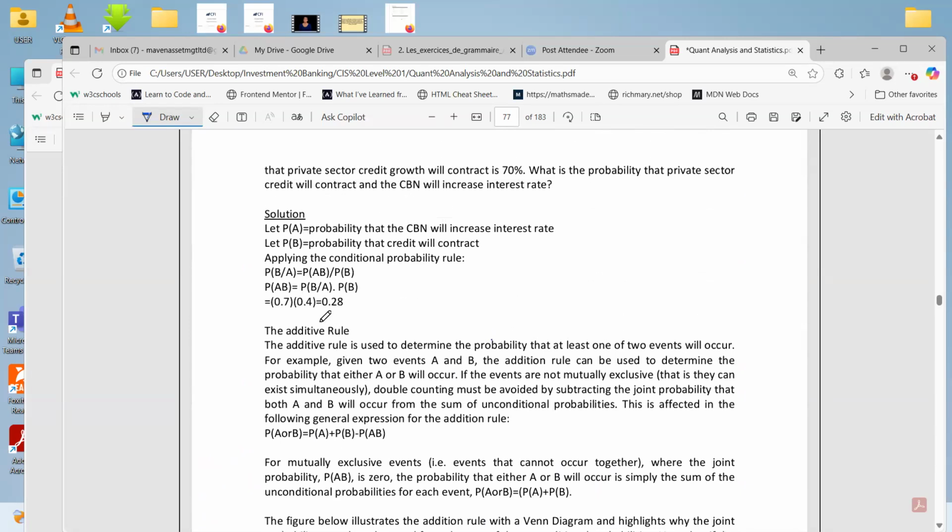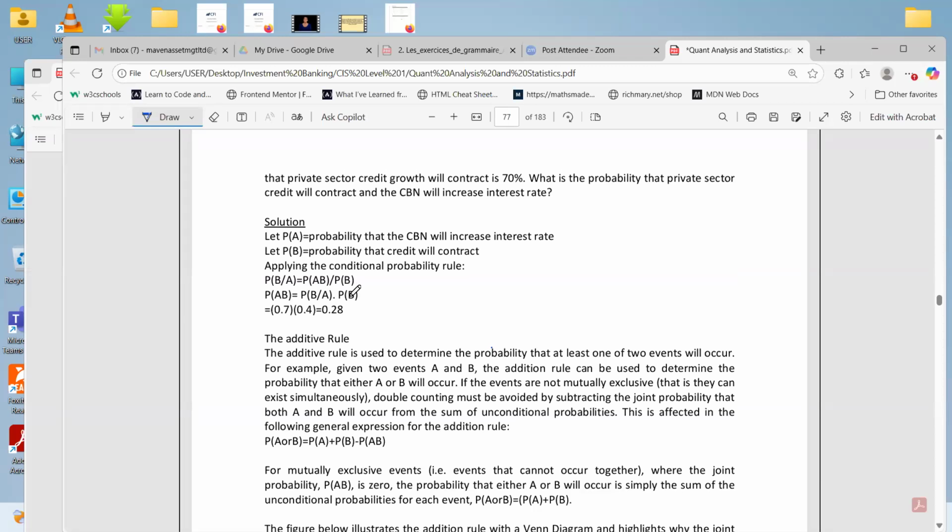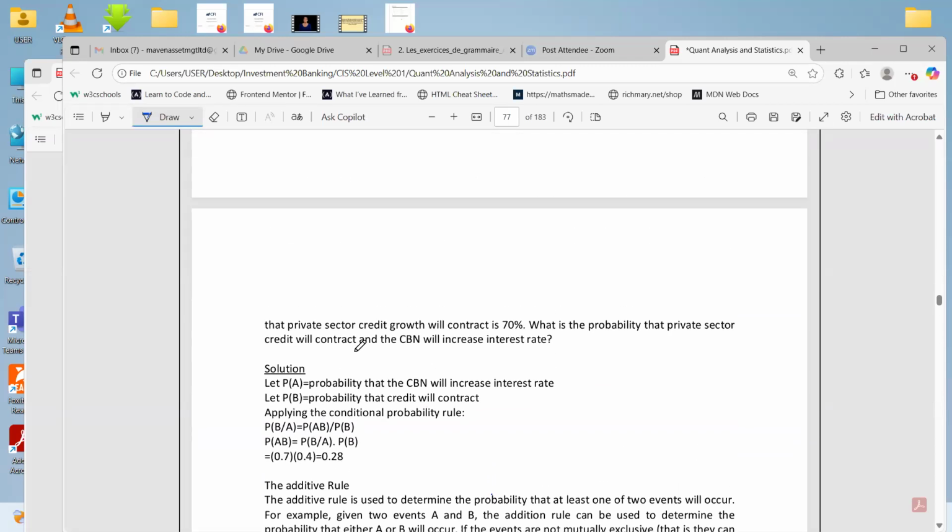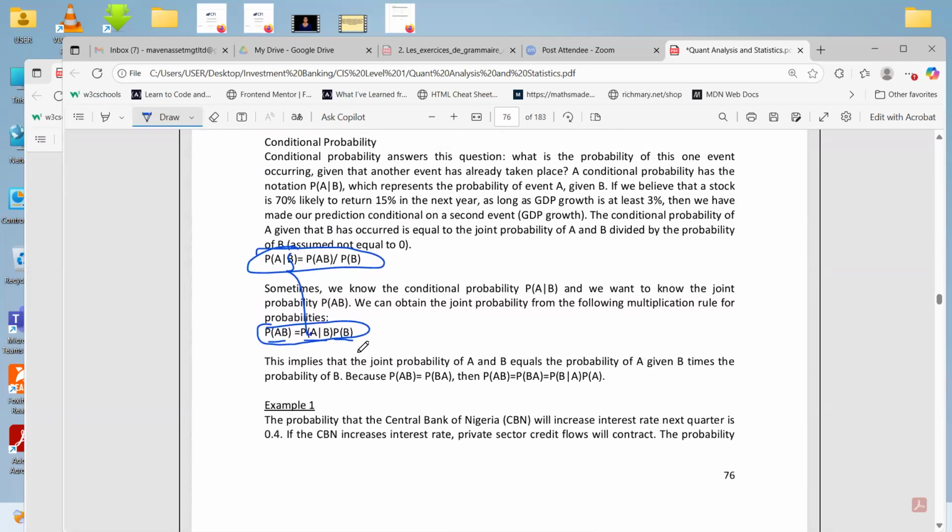This should be from two classes away. Probability of A and B, when we were doing change of subject of formula, we were able to manipulate this and make A and B stand alone to give us what? Probability of AB becomes probability of A given B multiplied by the probability of B. This is what we have been able to establish from the very beginning.